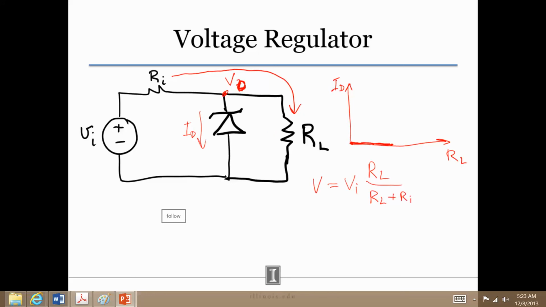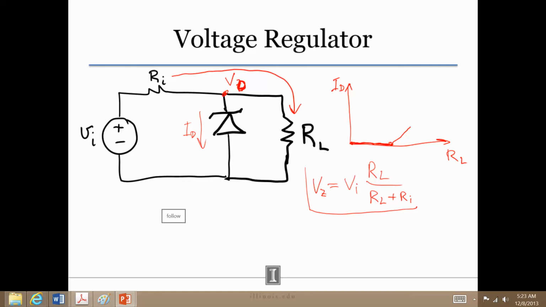Okay, when this voltage reaches the Zener breakdown, then the current starts flowing through the Zener. Right? And more current will flow through the Zener.